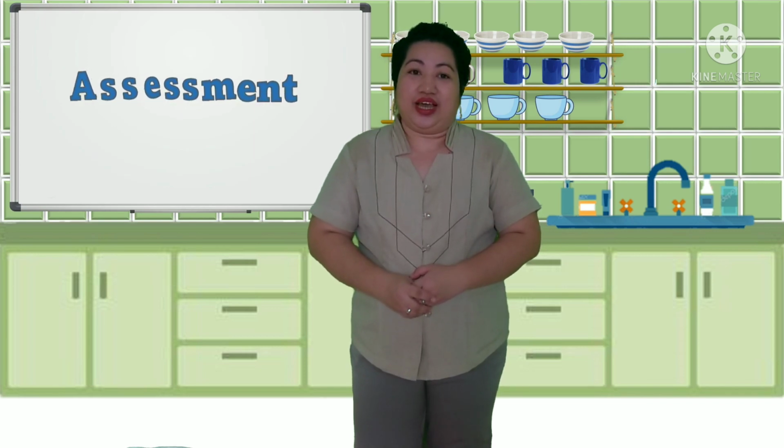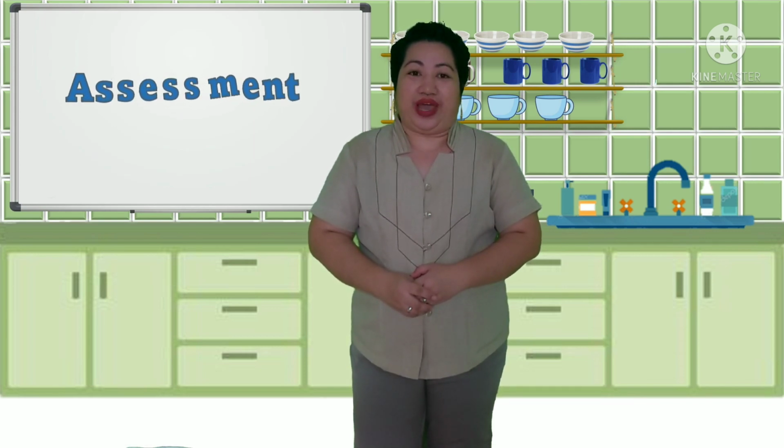Class, we are done with our discussion. Let me check if you truly understand our lesson. Read and analyze the situation. Then, on a clean sheet of paper, I want you to write the answer for the following guide questions.